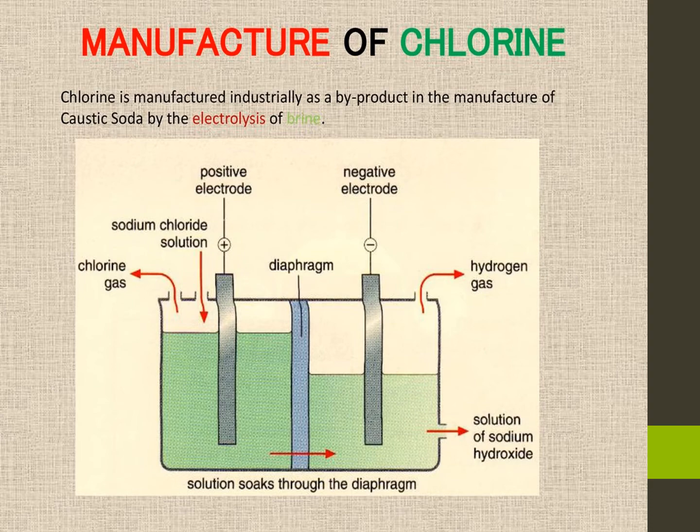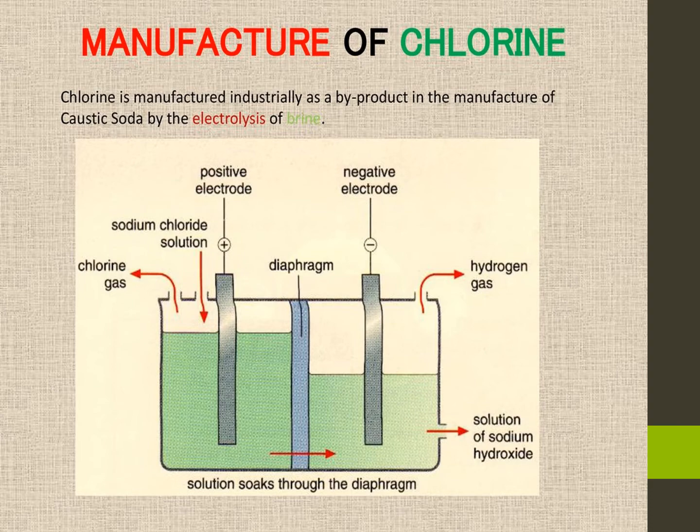When a solution of brine, that is sodium chloride solution, is electrolyzed, Na+ and Cl- ions are formed. The Na+ ions react with OH- ions of water and form sodium hydroxide. Hydrogen and chlorine are liberated as gases.